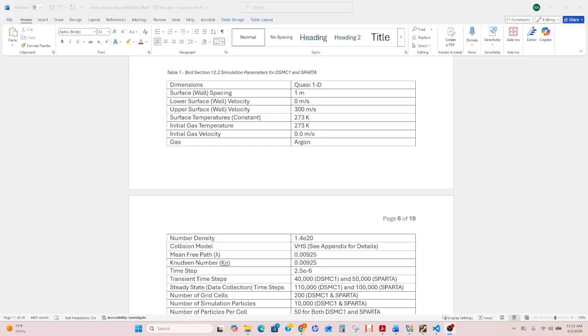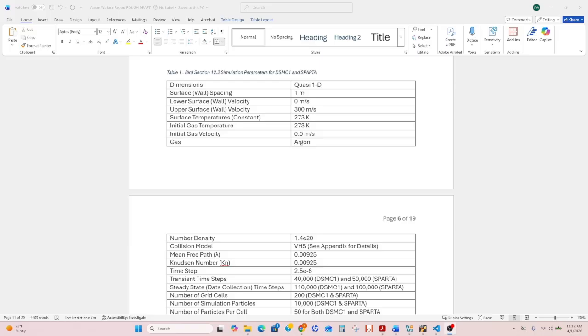So in section 12.2, he is using his original Fortran code, where he's creating the whole process to determine the viscosity coefficient of argon, and the simulation is Couette flow, where it's two parallel plates, and the top plate is moving, and then he's performing his calculations and comparing it to experimental data.